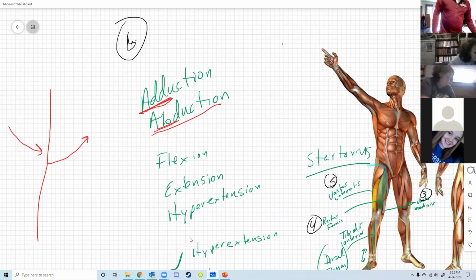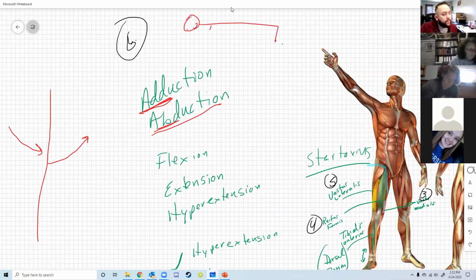And then supination and pronation. So everybody knows the prone position. Prone position is, if I'm laying in my bed on my face, this is prone.